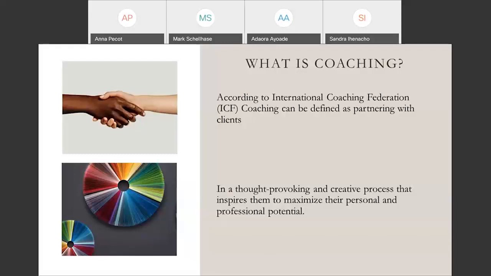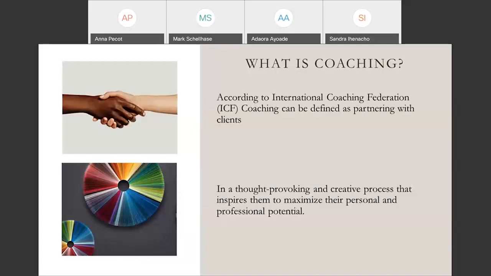So you partner with your clients in a thought-provoking way and in a creative process. Creative means, and that's why I told you, coaching is a skill and an art. So an art means you need to be creative about the process. Fine, we have a systematic way we follow, but every individual is not the same.